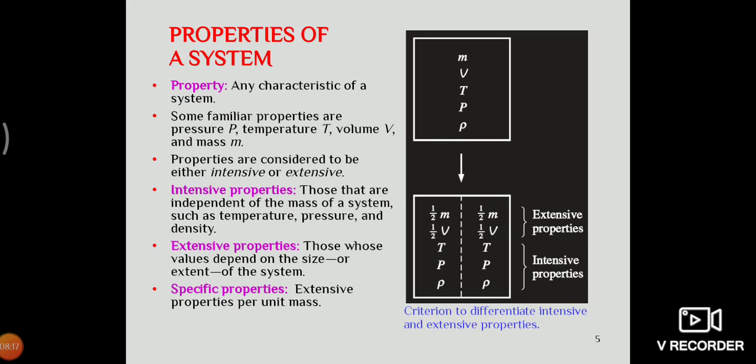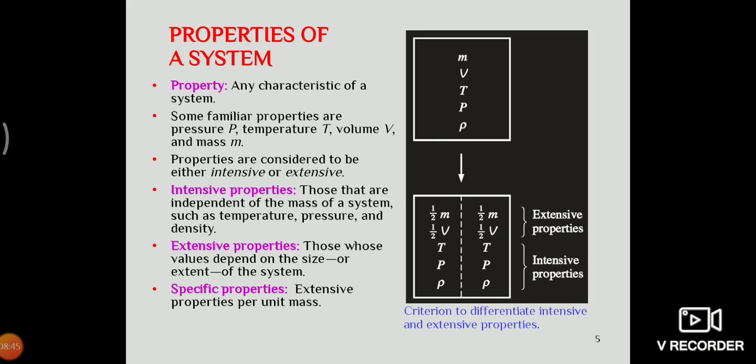For example, we can take length, volume, mass, area, total energy, or any form of energy, and entropy. It should be noted that the ratio of two extensive properties of a homogeneous system, which means a single phase, represents a specific extensive property.